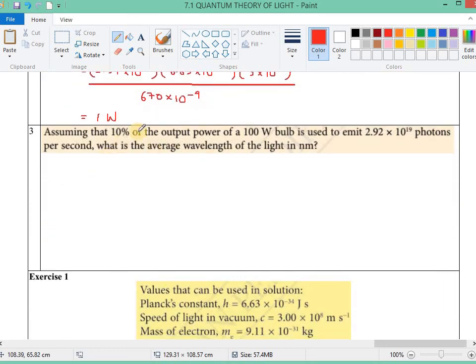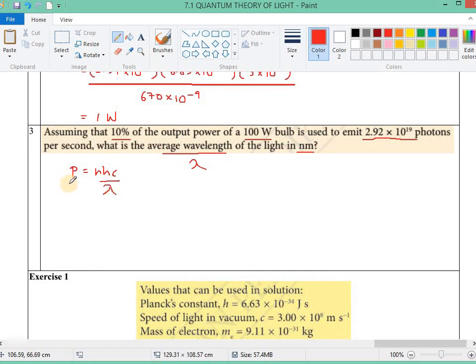Number 3, assuming that 10% of the output power of a 100-watt bulb is used to emit 2.92 times 10 to the power of 19 photons per second. What is the average wavelength of the light, in nanometer? Again, they want us to find the wavelength. So power is nhc over lambda.